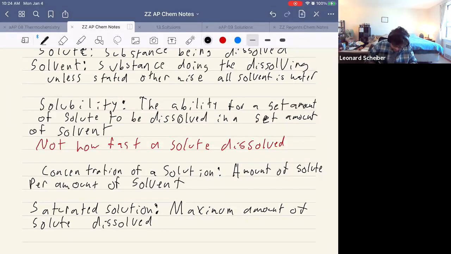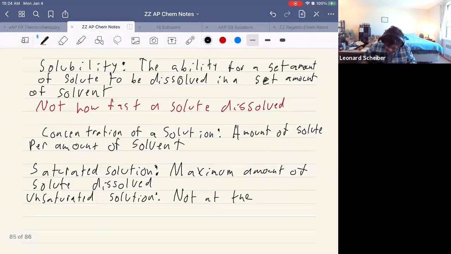Whereas the unsaturated solution is not at the maximum amount of solute dissolved.